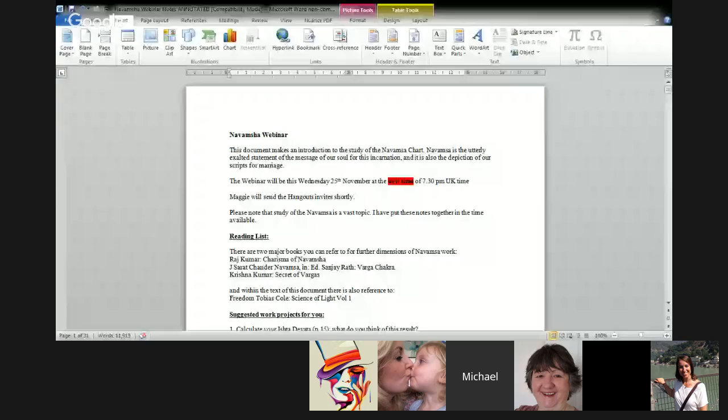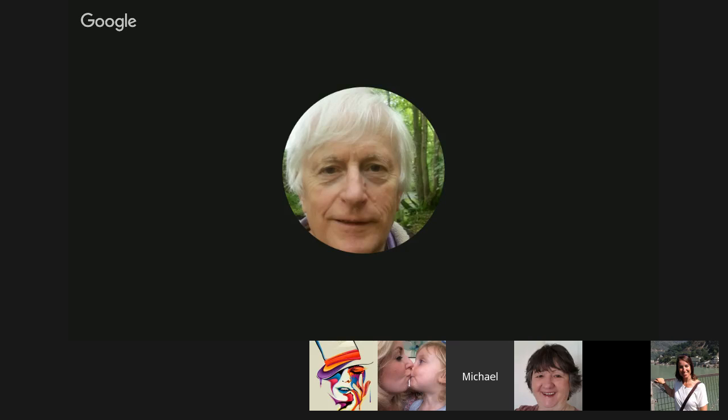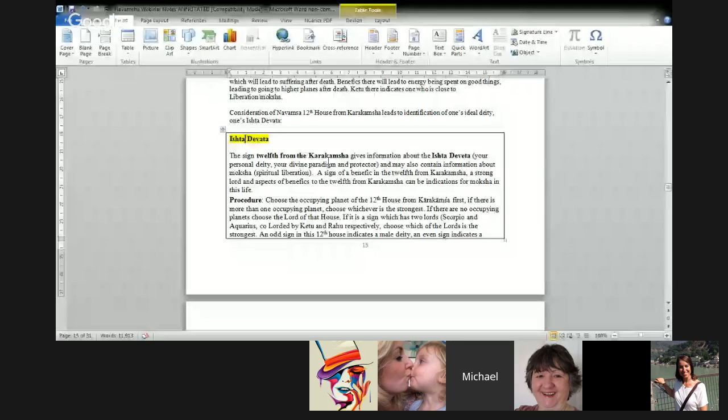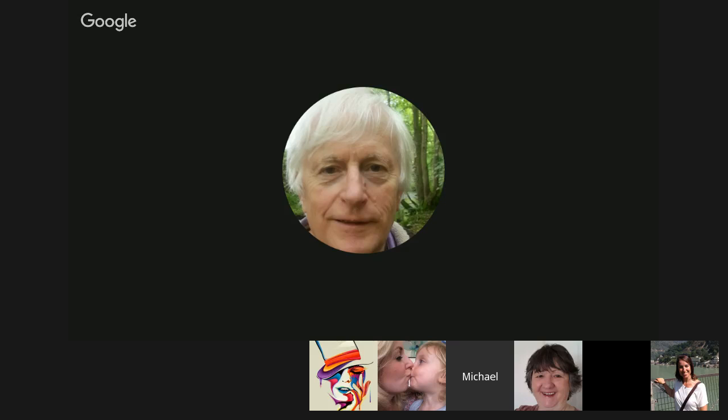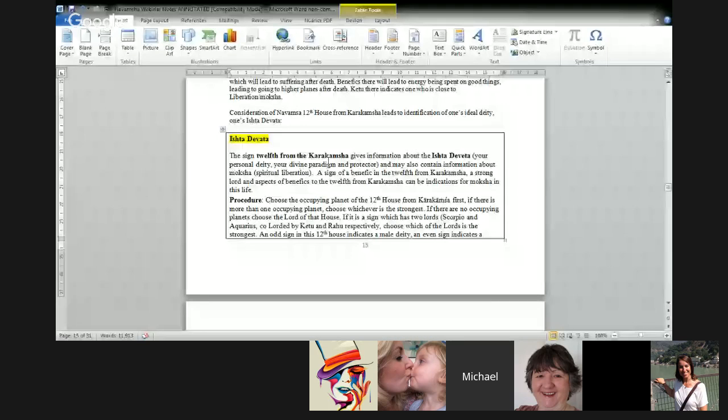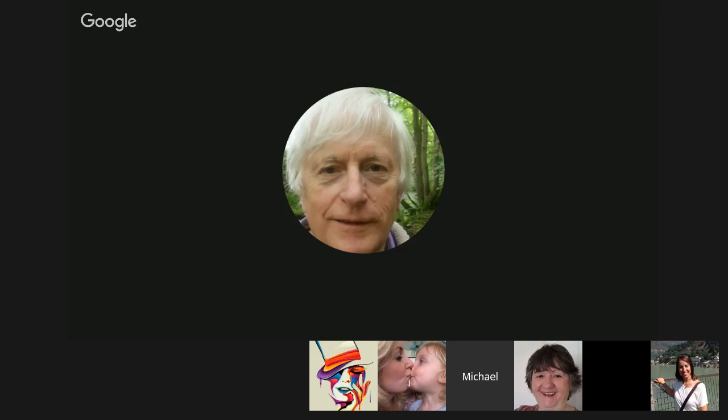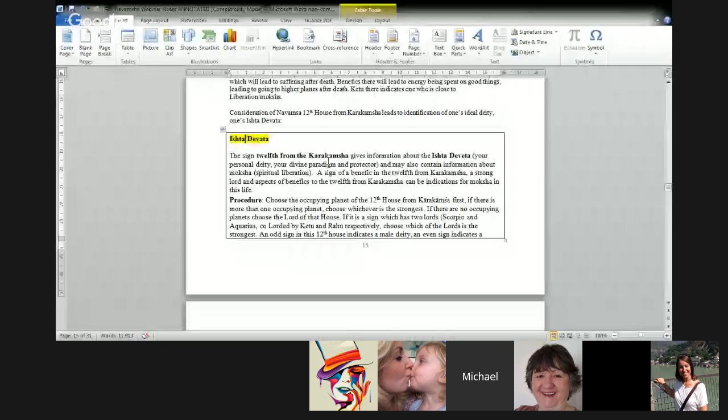What we need to understand is the Karakamsha. The Atmakarika, when it's in the Navamsha chart, is called the Karakamsha. Of course, because my moon is Atmakarika and my moon is in the same sign in the Rashi as the Navamsha, my Karakamsha is in Pisces in both cases. And there is a technique in Vedic astrology.